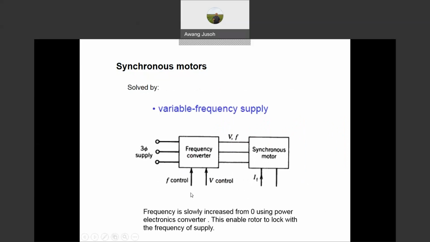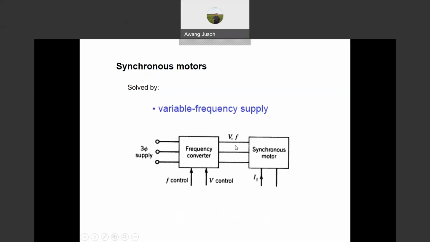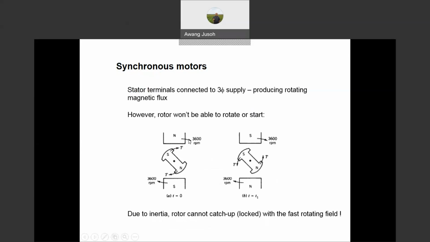We can change the frequency and also the voltage. That means at the beginning we apply low frequency and low voltage. So our rotating flux now, N and S, because the frequency is low, is moving slowly.